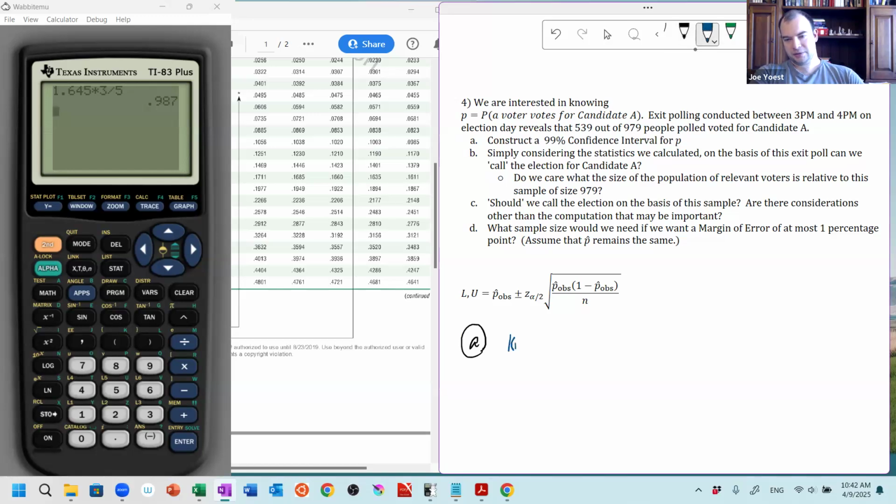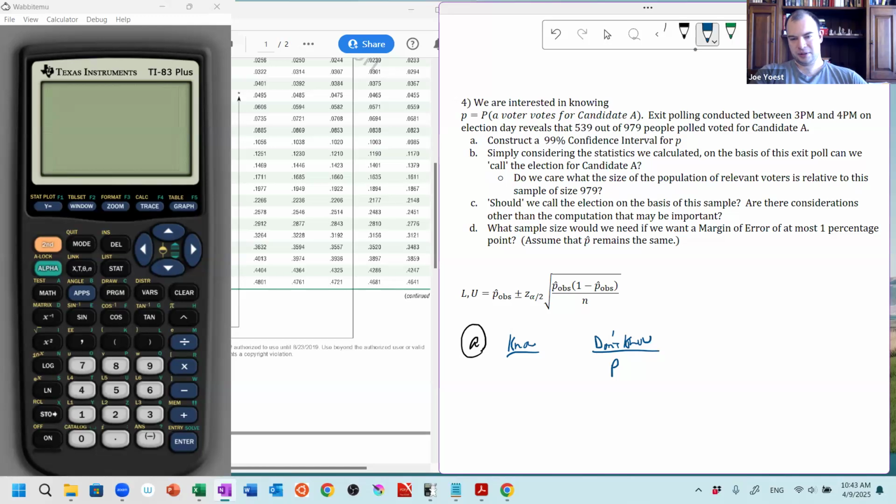So what do I know? And what do I not know? Well, of course, I don't know p. If I knew what p was, little p, the probability of a voter voting for candidate A, then I would just tell you what it is and be done with it. We wouldn't be estimating it. What do I know?